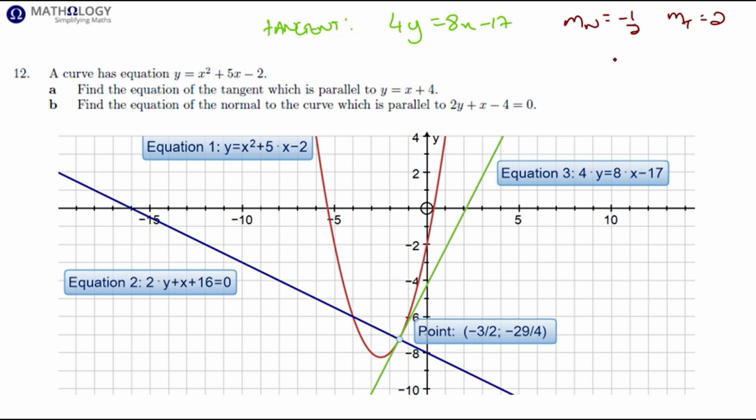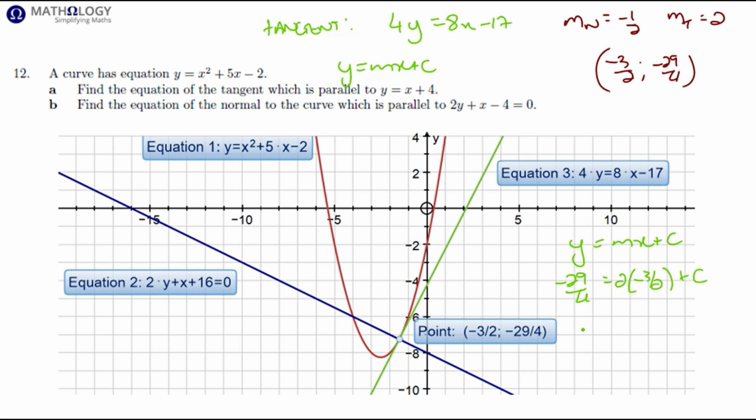Point of contact is minus 3 over 2, minus 29 over 4. So the equation of the tangent, rather: y equals mx plus c. So minus 29 over 4 equals 2 times minus 3 over 2 plus c.